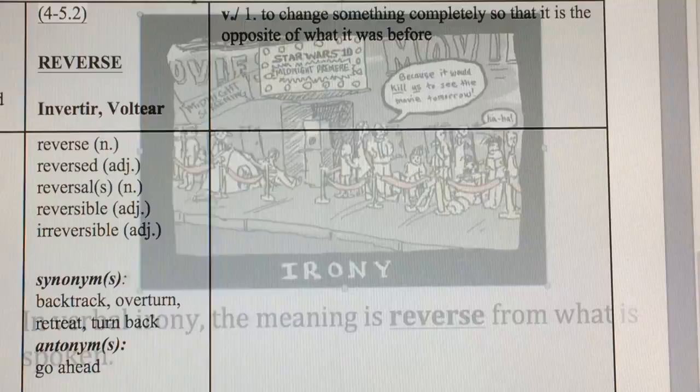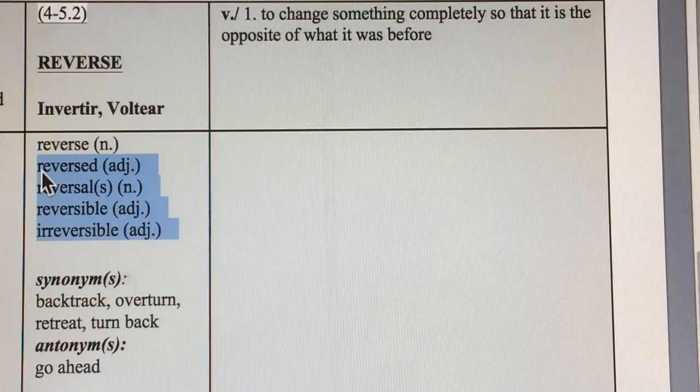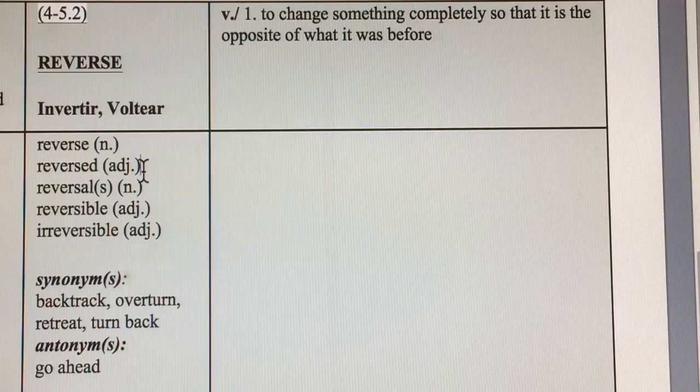You have a few other familiar words. We have reversed, and that's the participle or the adjective form describing the thing that was changed. The process is called the reversal. Like if your car is going forward, and then you decide to go backwards, then you can say the reversal of the car was smooth.